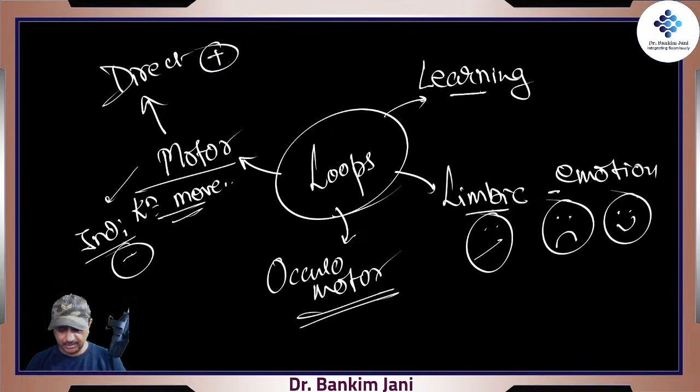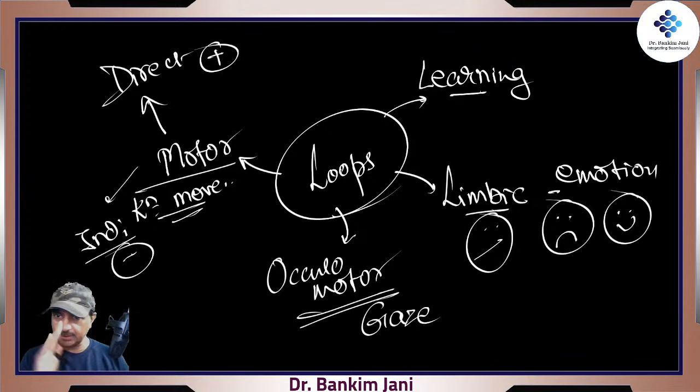As the name suggests, it is related to vision. Basically it is gaze, when you watch steadily. We watch in different styles, sometimes very rapidly, sometimes smoothly, with various types of movements, vergence movement, etc. So gaze and eye movement.